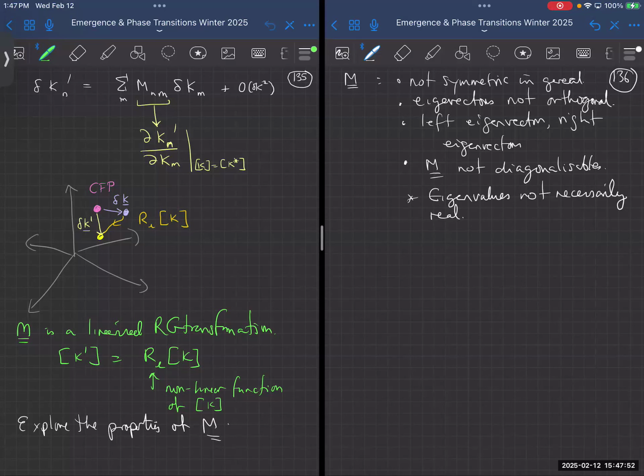So the next thing that we need to talk about, and I don't think I want to start it today, is our strategy to explain this view. Our strategy is going to be, one, we're going to pretend that M is symmetric.